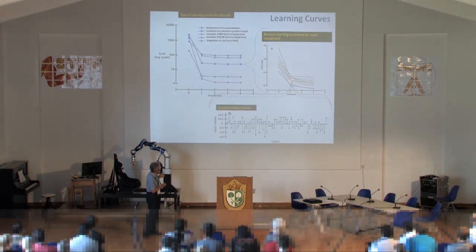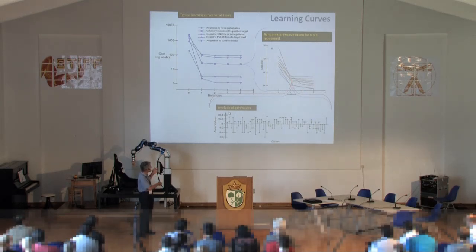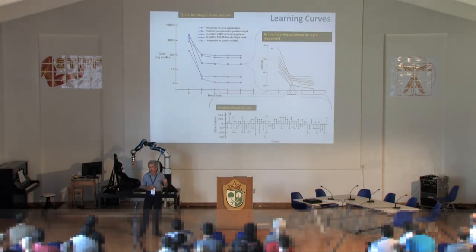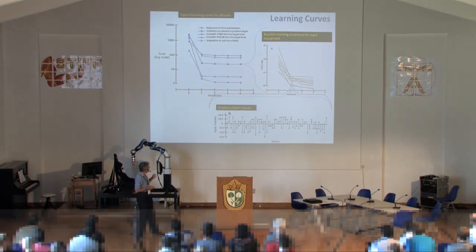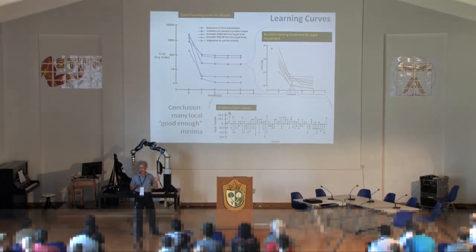And if you take apart a couple of these solutions after they've converged and you look at the individual gains, so that's just a subset of the gains in there, you see they're wildly different. What does that mean? Well, this is a system that seems to have many good enough minima distributed throughout its workspace.